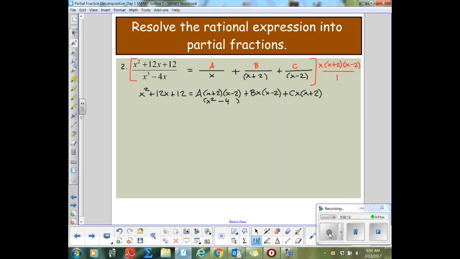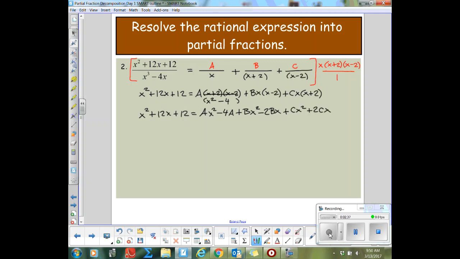Now I'm going to distribute the A, B, and C. Ax squared minus 4a plus bx squared minus 2bx plus cx squared plus 2cx.